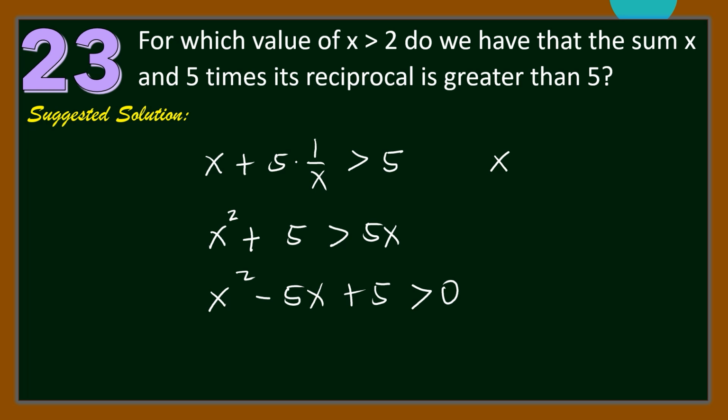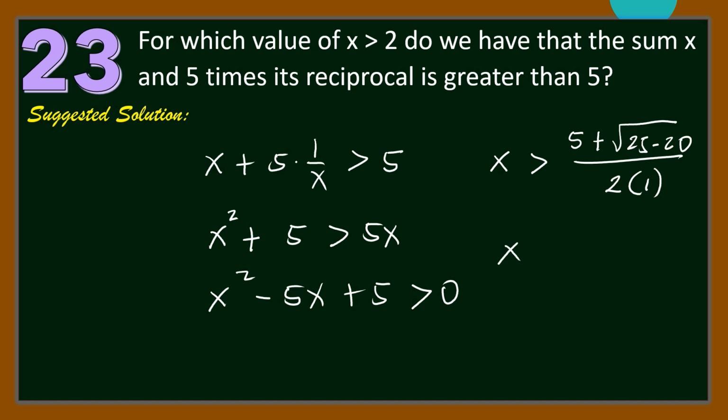then we will get all the positive values, x greater than negative of negative 5, that will be positive 5, plus the square root of negative 5 squared, that's 25, minus 4 times the coefficient of x squared, that's 1, times the constant term, which is 5, so we have 20, all over 2 times the coefficient of x squared, which is 1.